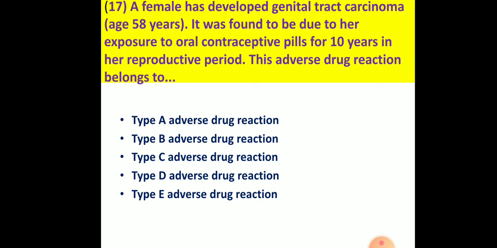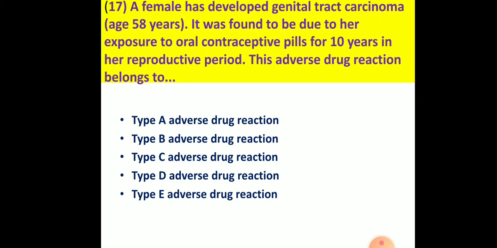A female has developed a genital tract carcinoma at the age of 58 years. When the female was investigated, it was found to be due to her exposure to oral contraceptive pills. She had taken the OC pills for 10 years in her reproductive period. Okay, and then she stopped the contraceptive pills, but now she developed the genital tract carcinoma.